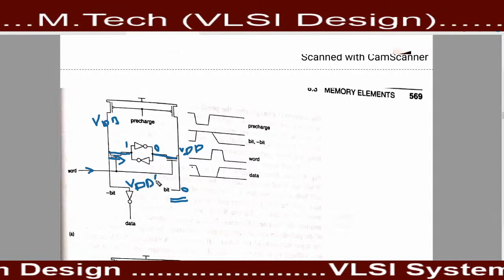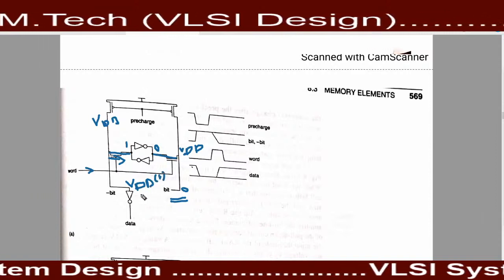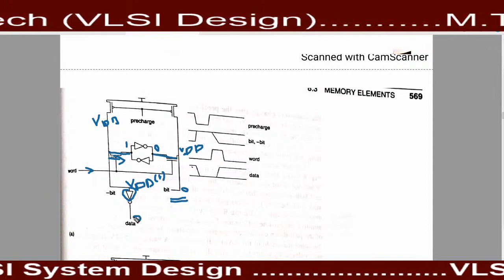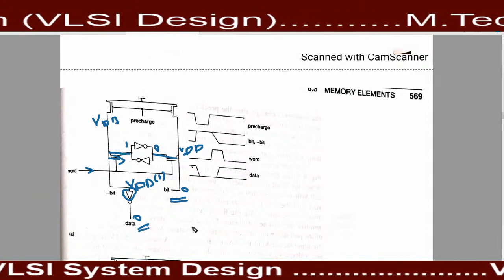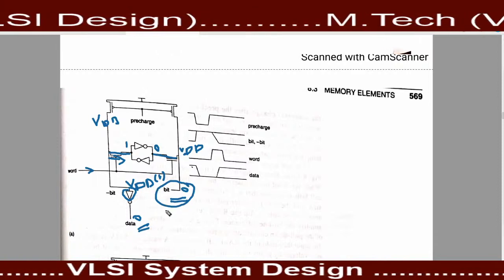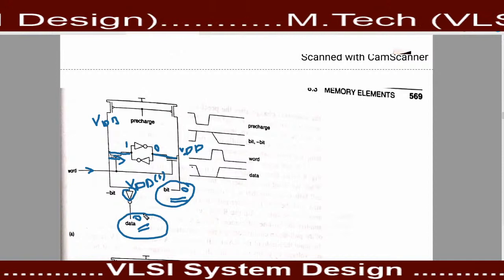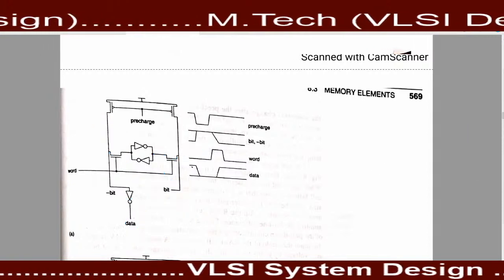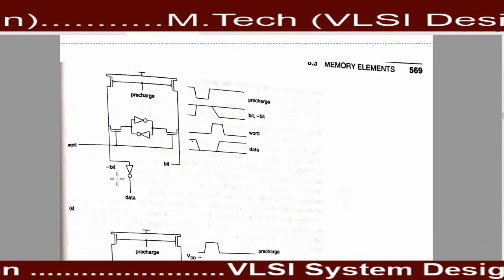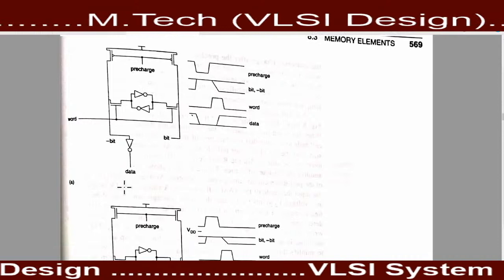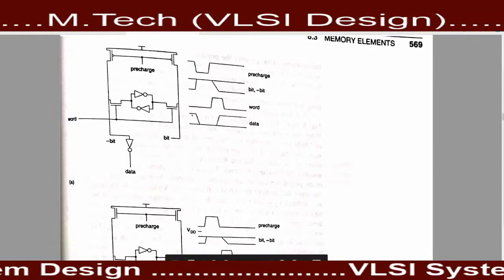VDD means 1 is presented here, and by using this inverter, 1 is converted into 0. So we can read the data from both ports. I think you understand this topic, the read operation of this SRAM cell.